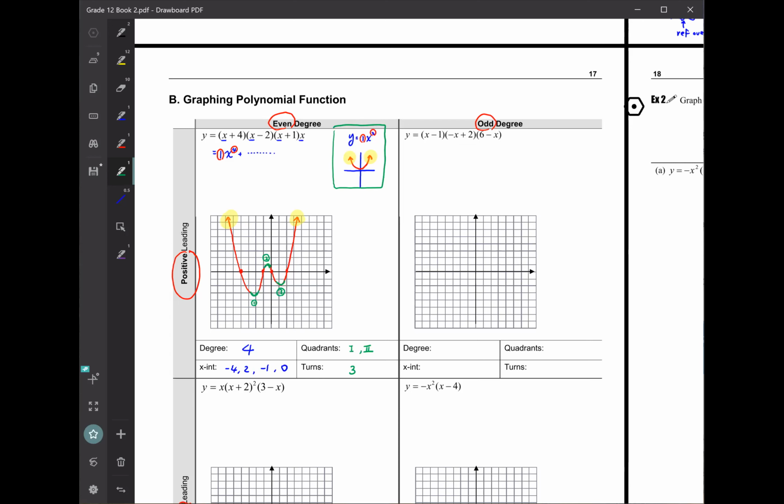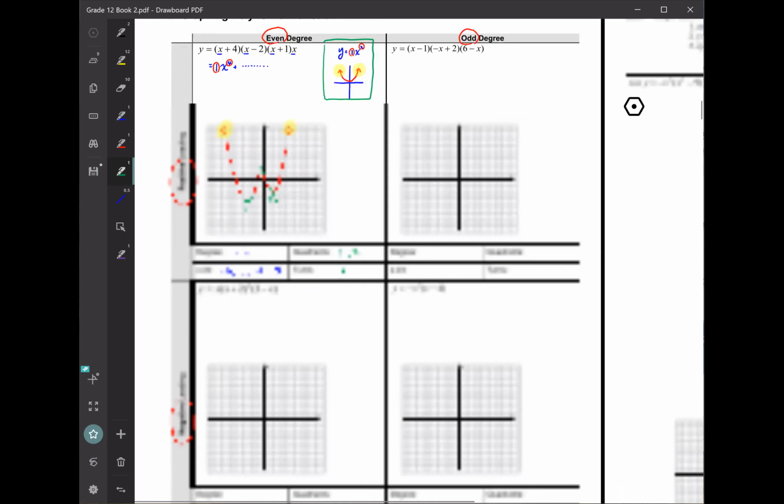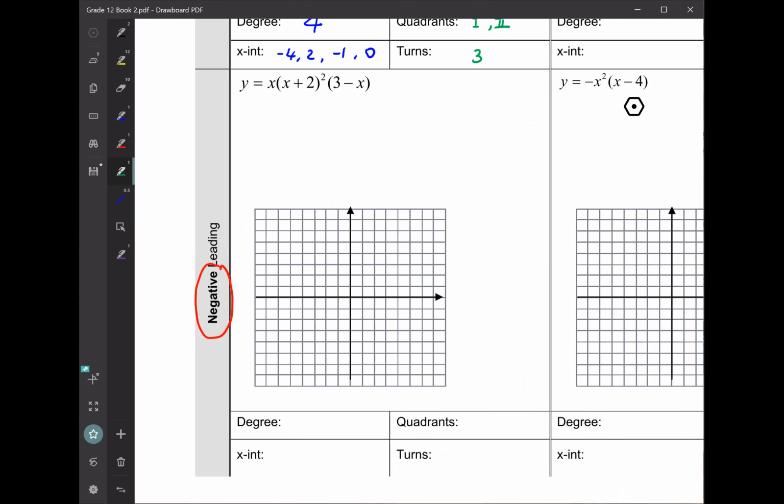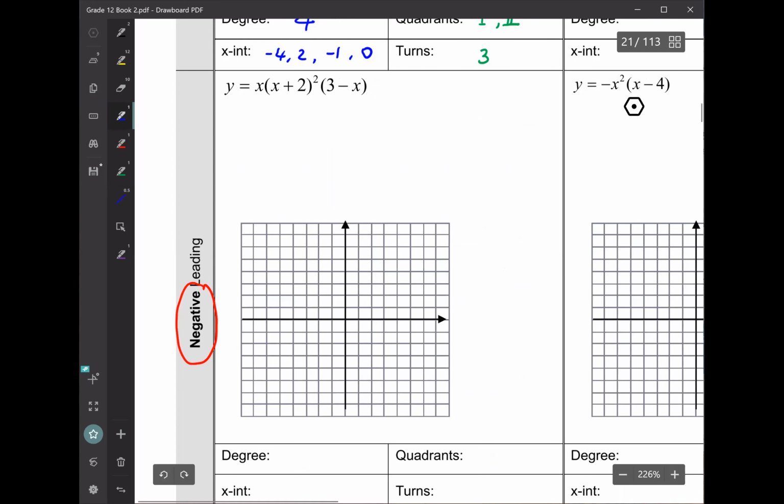Okay, we'll look at the negative, the bottom part. Same thing, it's still even degree, but you would have a negative leading. So we'll look at the x now to check if it's even and negative. If I expand all the x's, the (x plus 2) squared is the same as having two brackets that are both (x plus 2).